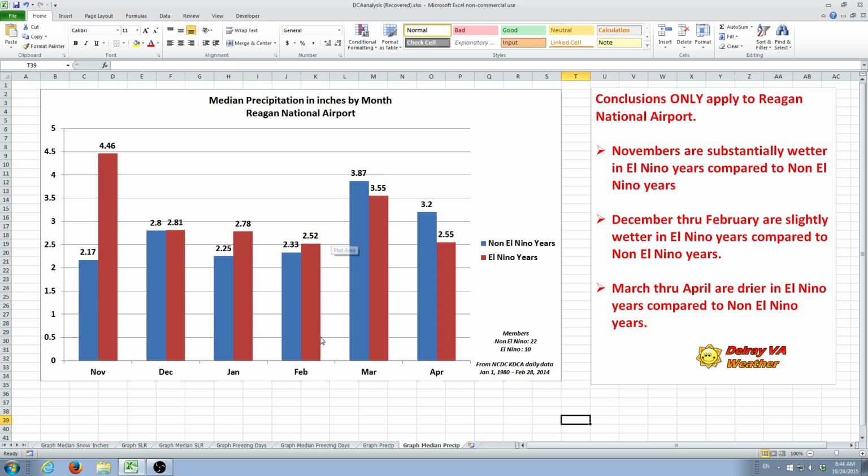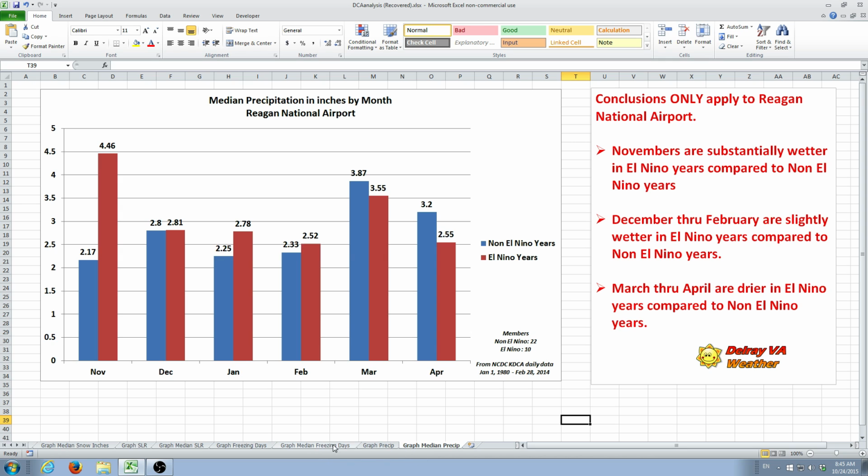However, after February, in March and April, we end up with actually less precipitation in El Nino years compared to non-El Nino years. So it suggests that in general, at least the first part of the winter in an El Nino year will be much wetter to about the same as far as precipitation goes, at least through February.